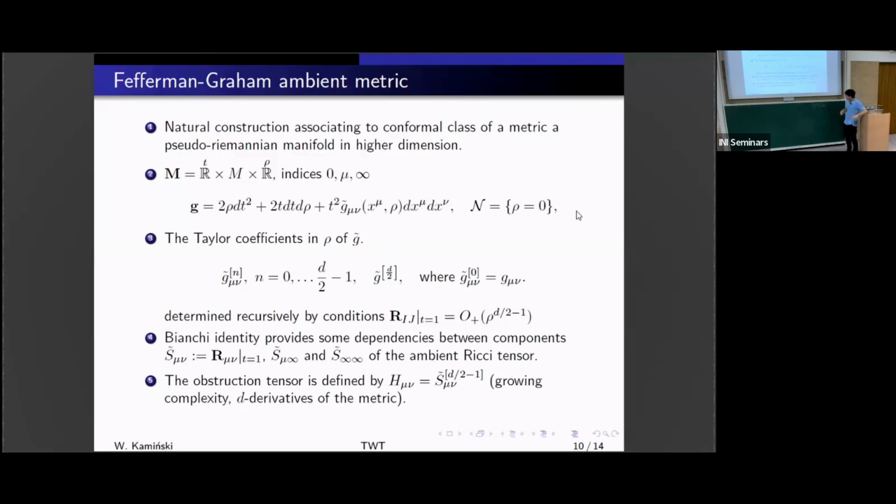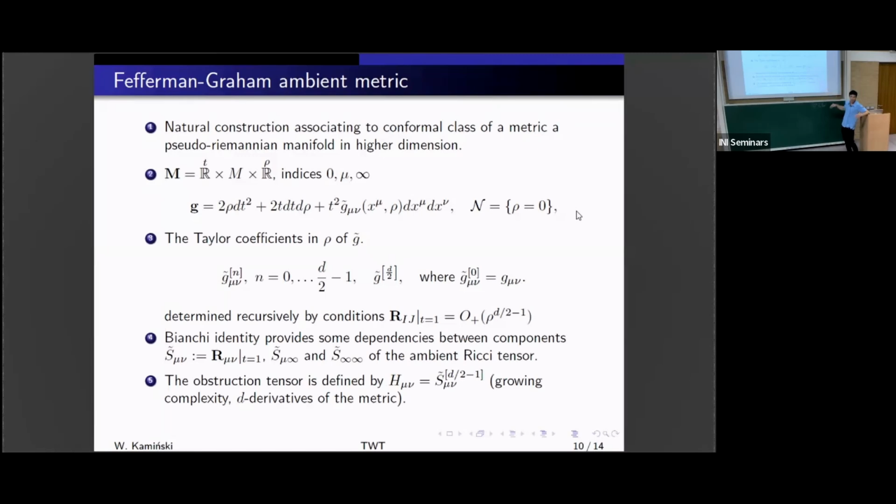Okay. And what is the definition of the obstruction tensor? The definition, like the name suggests, is whether we can extend to the Ricci flat or not. And since at the order d by 2 minus 1, if we expand this R mu nu, then until this order it will be 0.